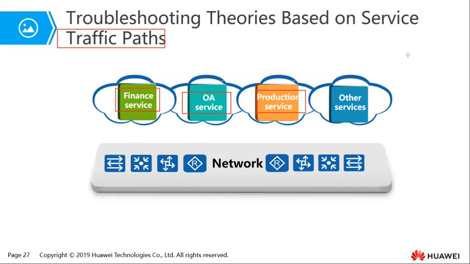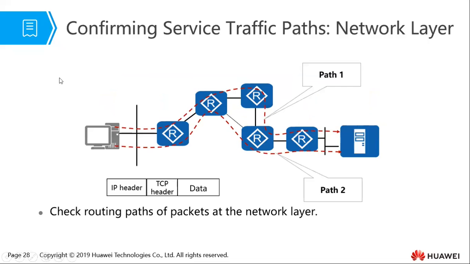So you can troubleshoot networks based on service traffic paths. This is how, for example, we confirm service traffic paths at the network layer. You're simply checking the routing paths of packets at the network layer. Here, you simply do a tracert to find out if you're able to reach this server either through this path or through this path.